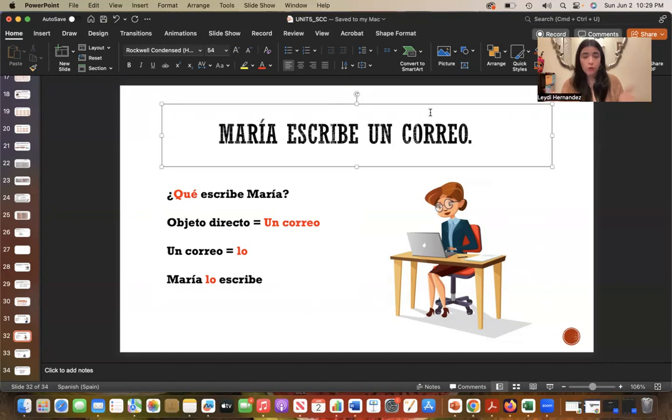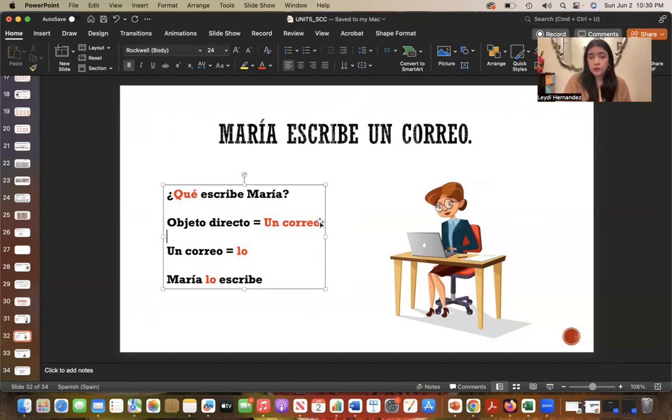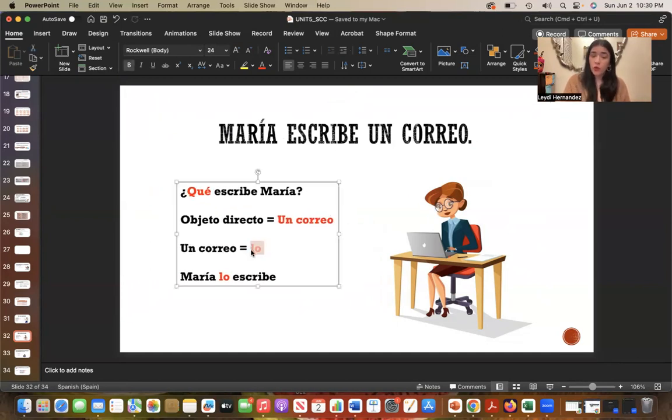That is lo. So un correo is replaced with lo. Where do I put my pronoun? Well, we put it right before the conjugated verb. Because we only have one verb, we only have one option, and that is before the conjugated verb. María lo escribe.